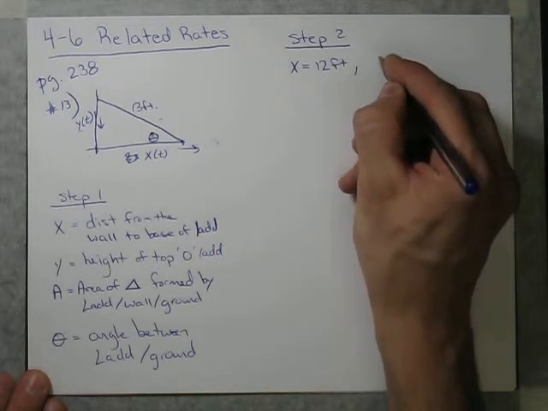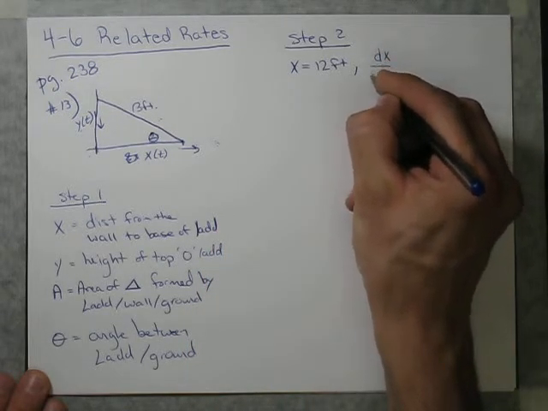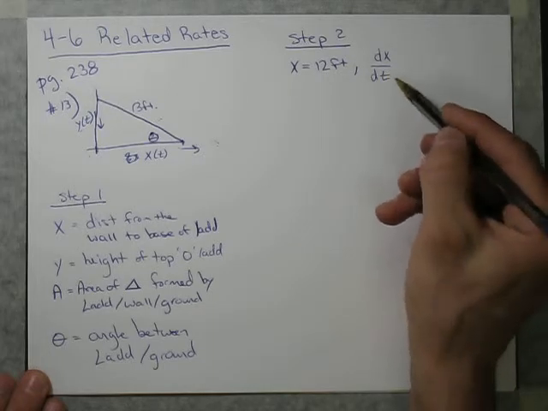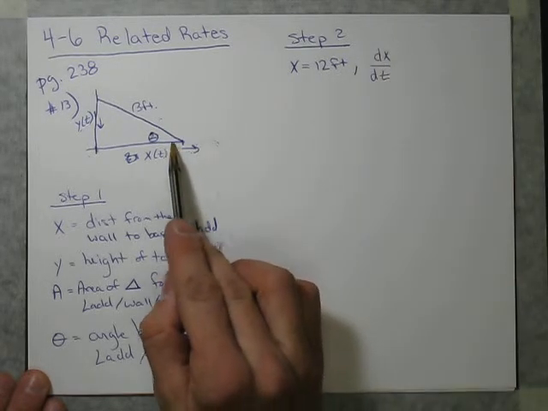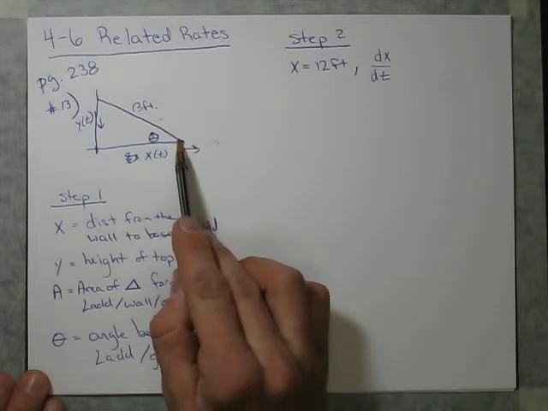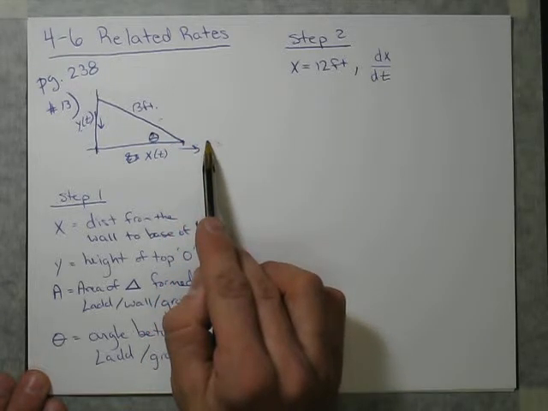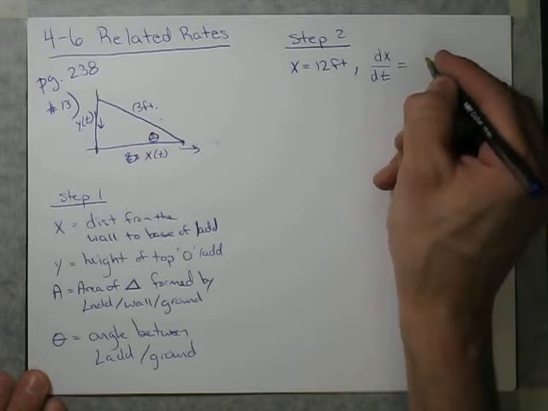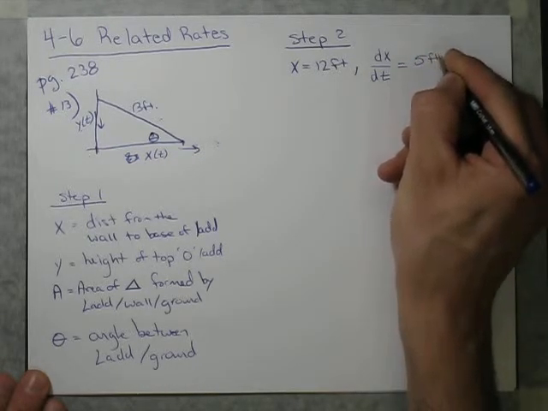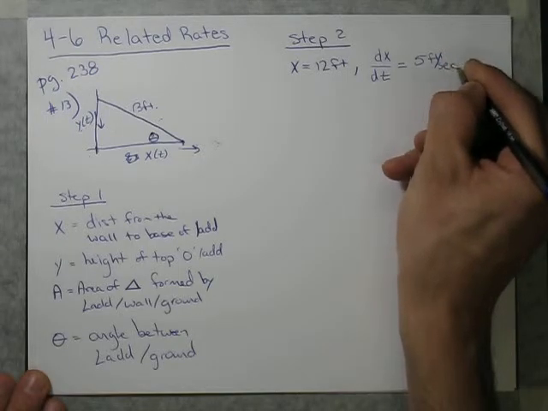So this is a little bit different. We're going to say dx dt. Usually we're used to seeing x as a variable in the bottom, but in this case, it's the change in our horizontal, as the ladder slides, compared to the change in the time. So at that instant, dx dt is equal to 5 feet per second.